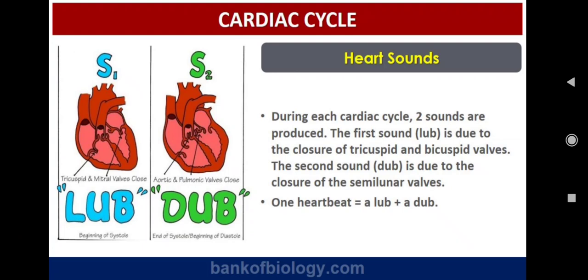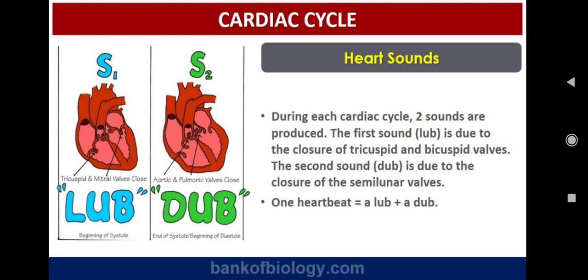When do the tricuspid and bicuspid valves close? When the blood flows from the atrium and immediately enters the ventricular chamber, then both the tricuspid and bicuspid valves are closed. During this time, the first sound occurs, that is lub.